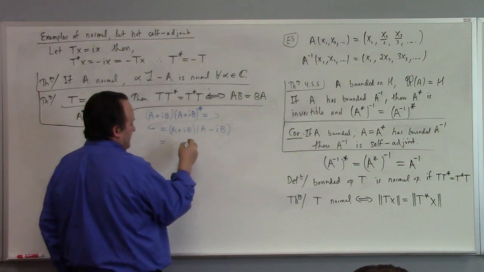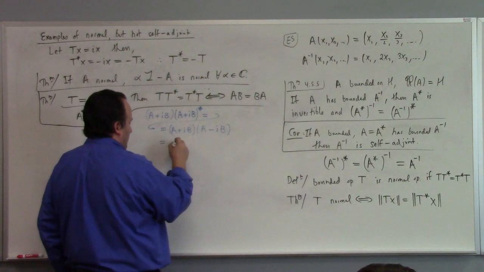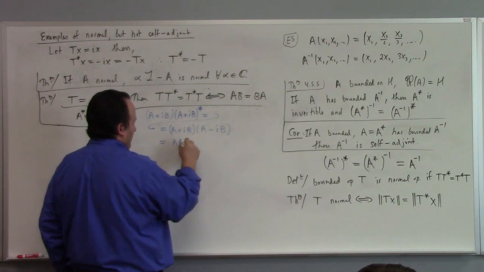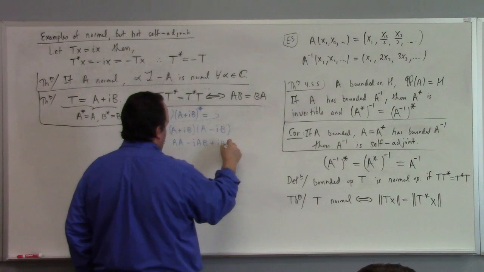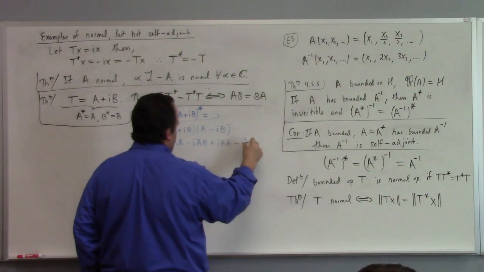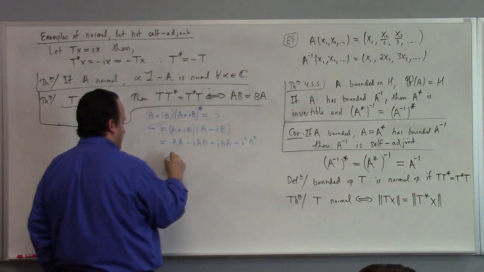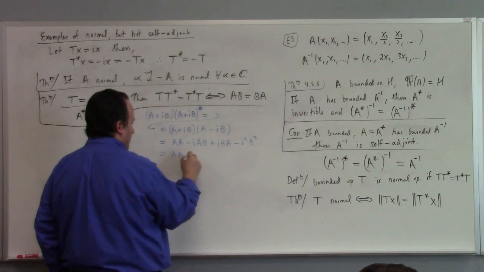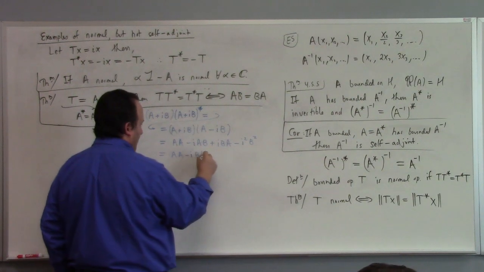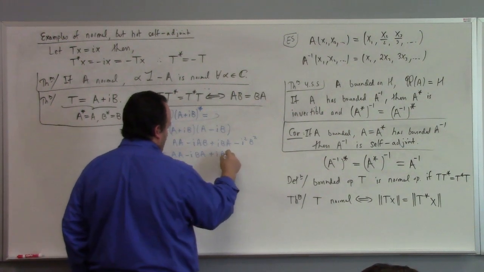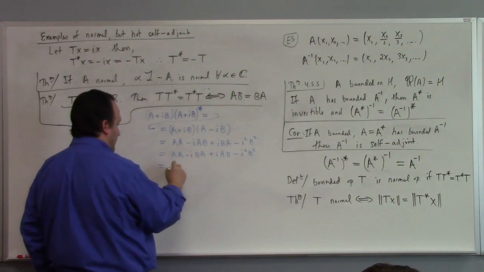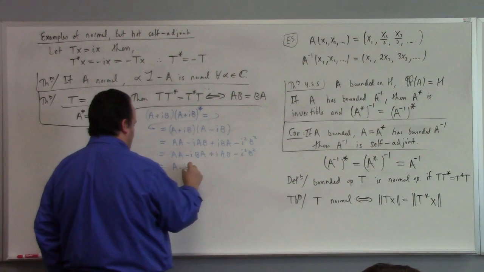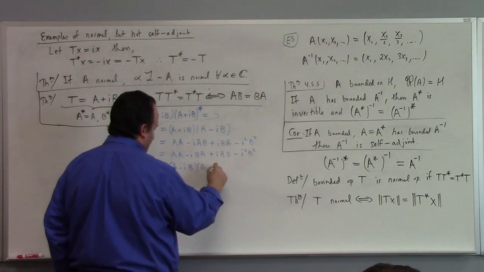So that's AA minus IAB plus IBA minus I squared B squared, which is equal to AA minus IBA plus IAB minus I squared B squared, which is A minus IB times A plus IB.